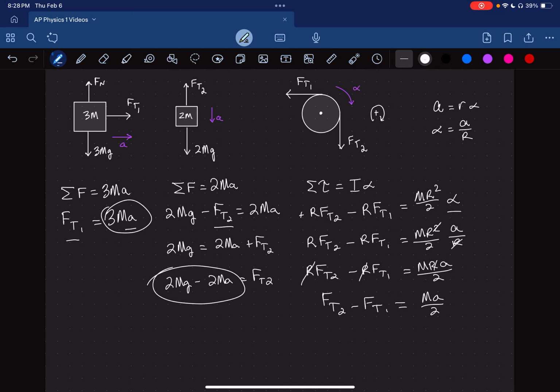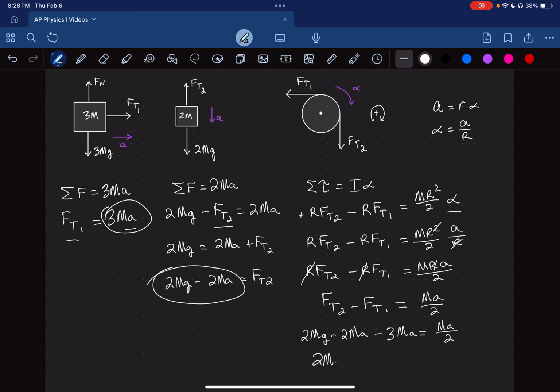And we're going to substitute that over here. So this is 2mg minus 2ma, we're substituting that for FT2, minus FT1, which is 3ma, equals ma over 2.